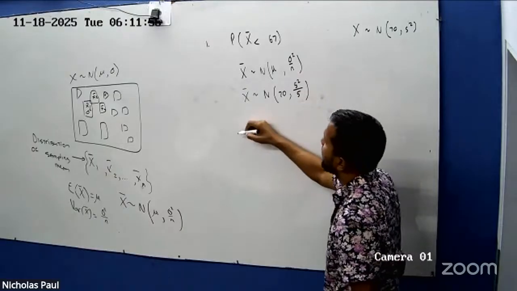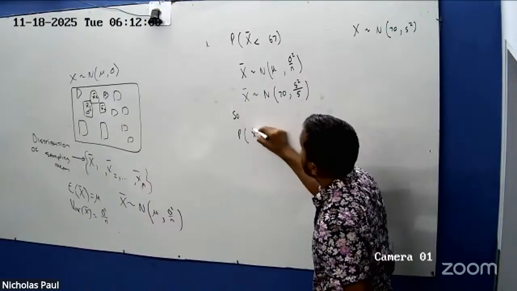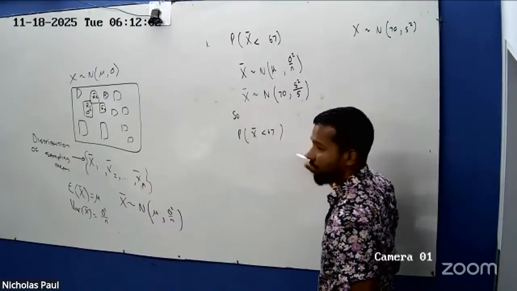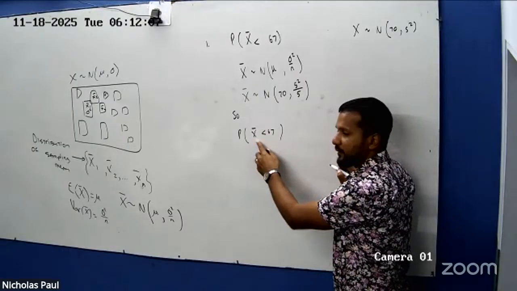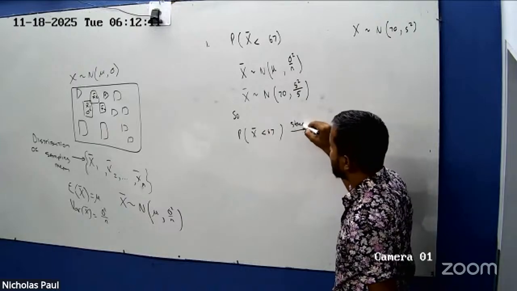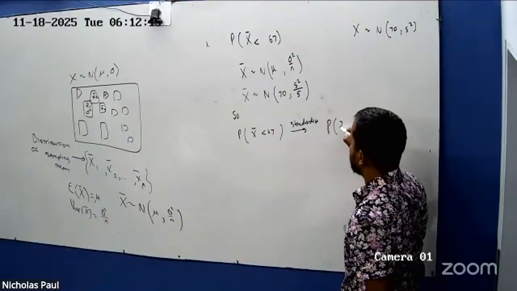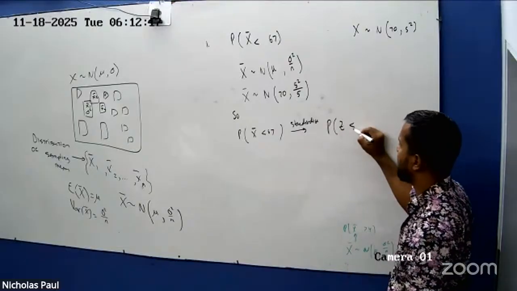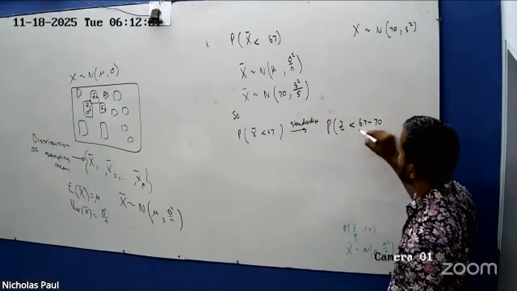Nice. So now, how do we find the probability that X bar is less than 67? We treat this just like how we were doing it before. We have to standardize. We will get the probability of Z less than 67 minus 70 all over what?